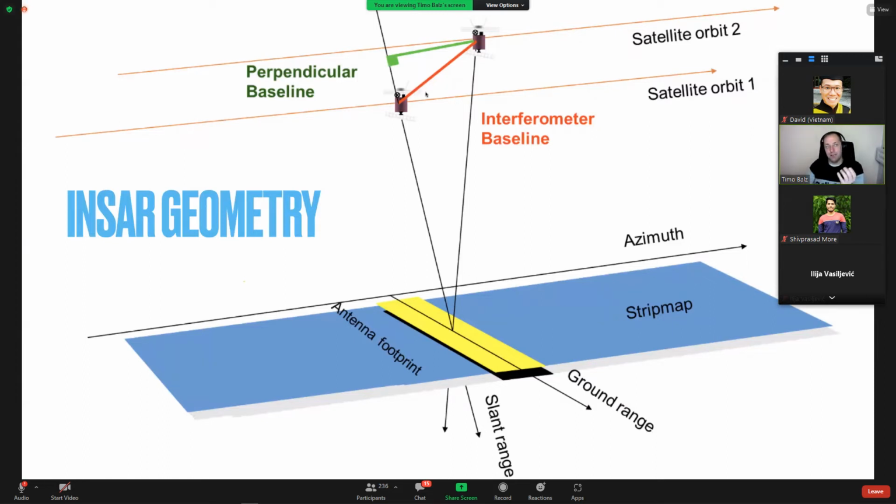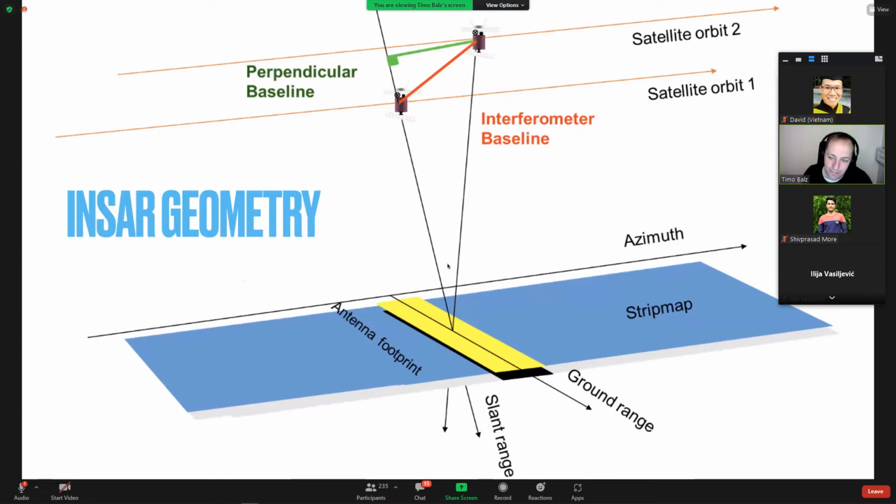You can achieve that by having two antennas on one satellite or one airplane, or, as shown here, a satellite coming in one orbit and then coming back, after it goes around the Earth and the Earth turns around it, to the same position in the second orbit. And from these two images, you can then form these interferograms, these fringes.